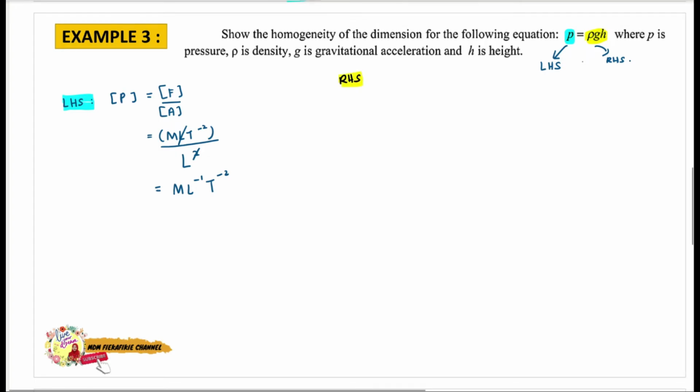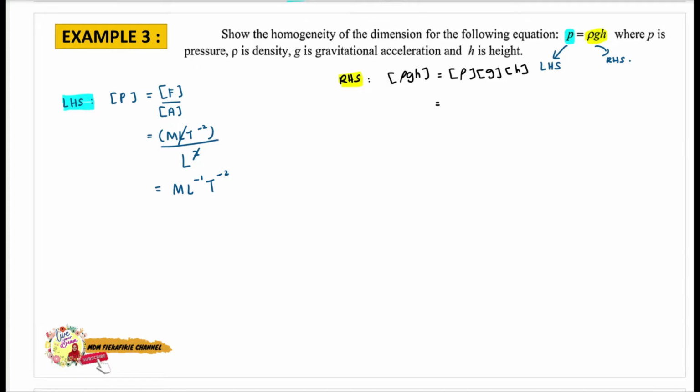For the right hand side, look here. On the right hand side, we have rho GH, that is density. That one is the dimension of rho GH. So it is equal to the dimension of density, times the dimension of G, times the dimension of H. For density, the formula is mass over volume.